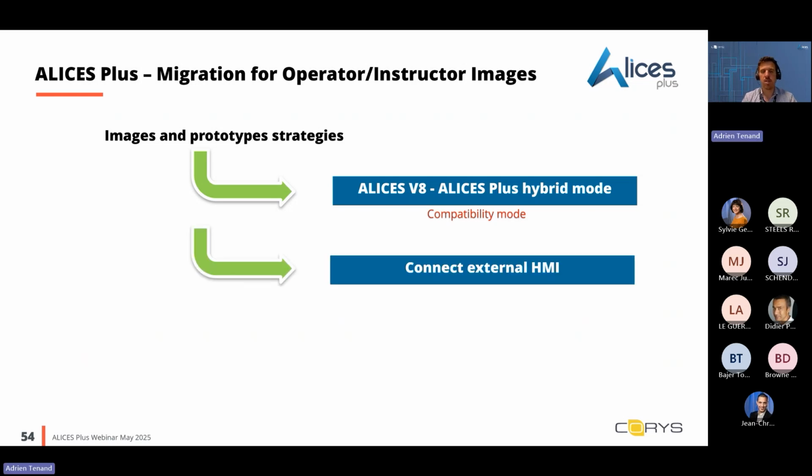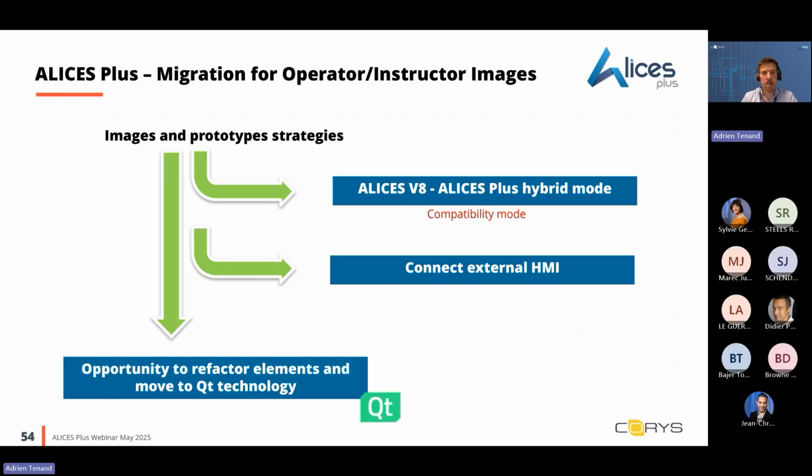The next strategy is to connect a new external HMI thanks to the protocols we have embedded in ALICE Plus, so MQTT, gRPC and Python. And the last strategy is to use the switch to ALICE Plus as an opportunity to refactor or redevelop elements that are used in operator station images and move to the Qt technology and its advanced features. So that was for the two points of the migration.